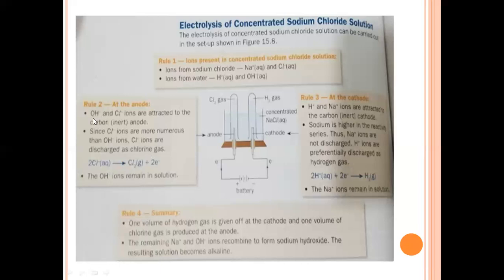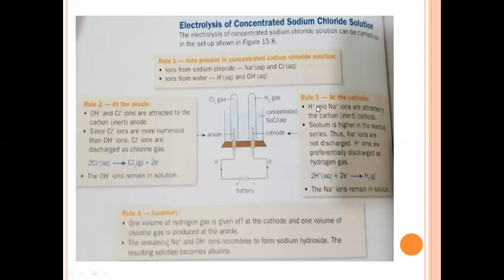There are two anions, OH negative and Cl negative, present in this electrolyte. When electricity is passed through it, the battery is joined, then what happened? Chloride ions, because they are present in more amount, go to the anode and lose their electrons. So OH negative ions remain in the solution.